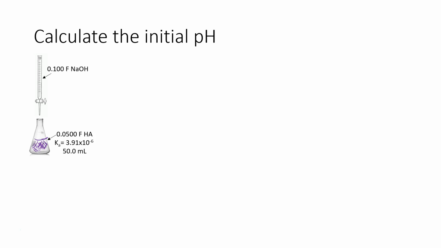Before we do that, when faced with these problems, just as a reference so I don't get confused, I like to write down the titration reaction. So OH- is being added, and it's reacting with HA to form water and A-.